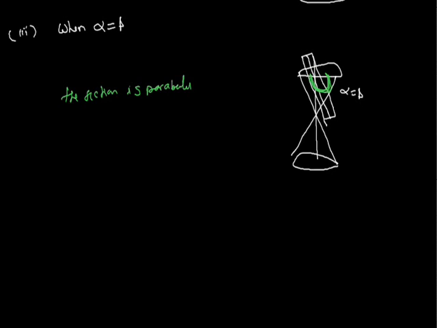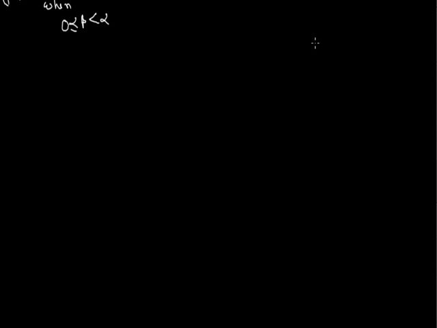Now the fourth condition: when beta is greater than or equal to 0 but less than alpha. Here is the diagram of this. In this situation, the plane cuts both the naps like this.